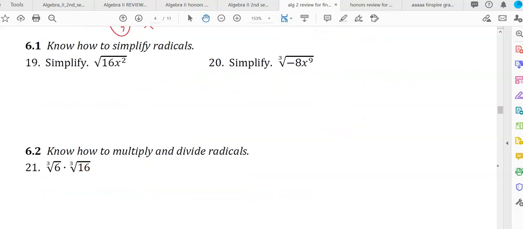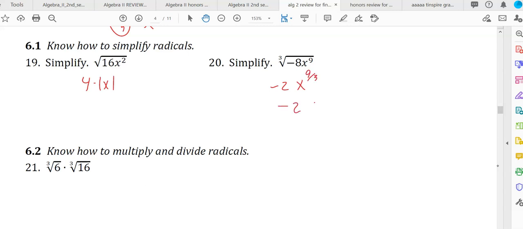How to simplify radicals. So this would be square root of 16 is 4, and square root of x squared technically is absolute value of x. It's one of the properties we learned with even exponents. This one is odd exponent, so I don't worry about the absolute value. So I get negative 2 is the cube root of 8, and then x to the, I'm going to write that in exponential form, so that'd be 9 over 3.